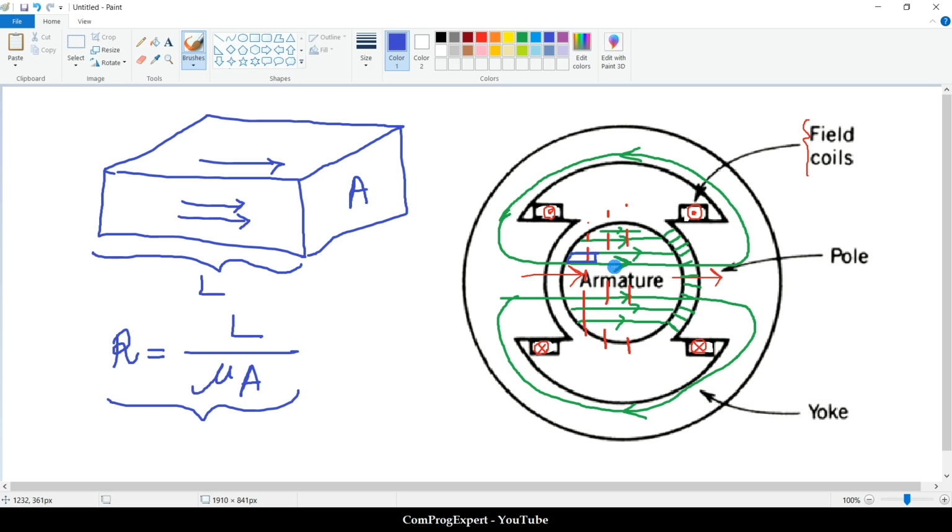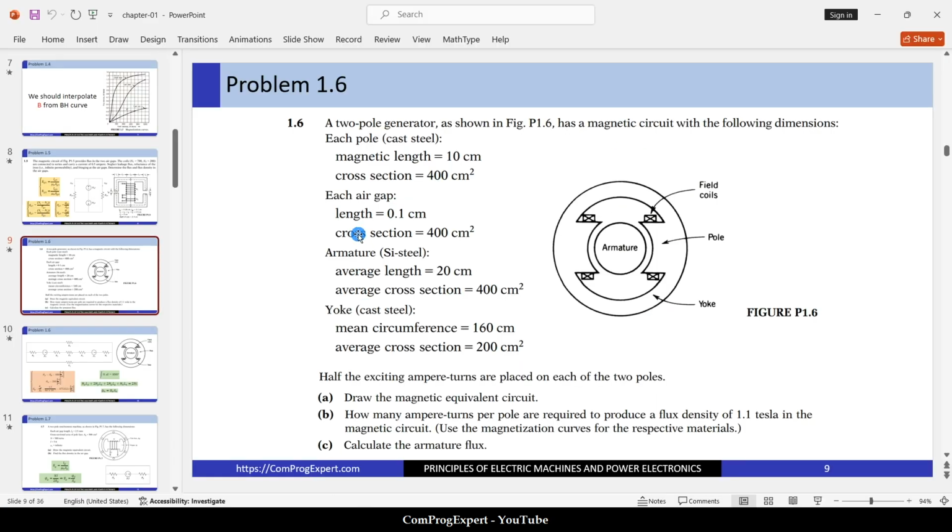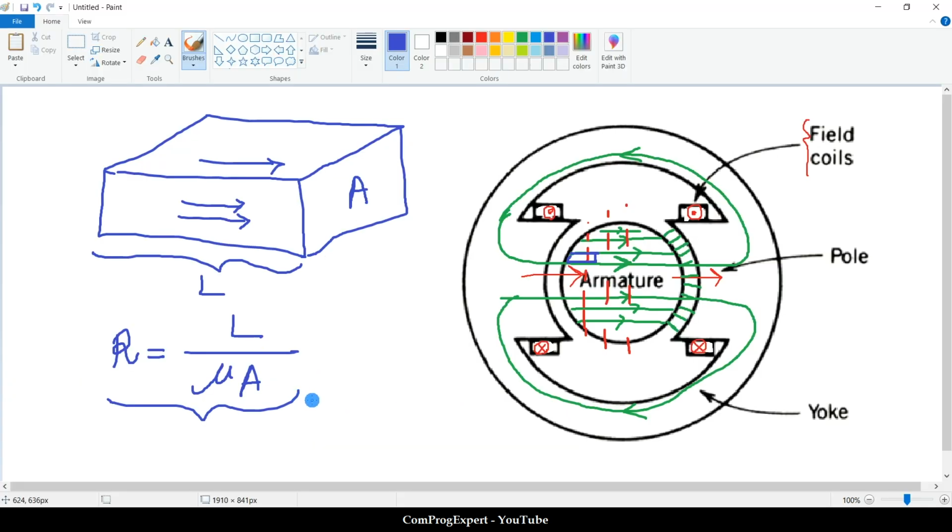So you have a distributed model, you can calculate integrals, and finally calculate the reluctance of the armature. But do we need to do that? No, because in this problem, the average length and the average cross section are given. So simply, we can calculate the reluctance of the armature using this equation.